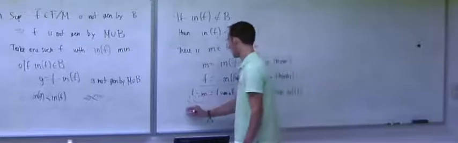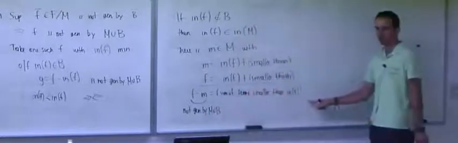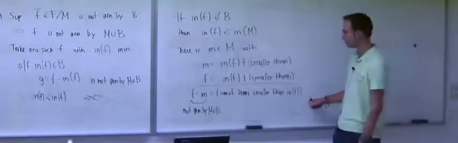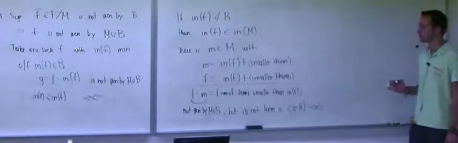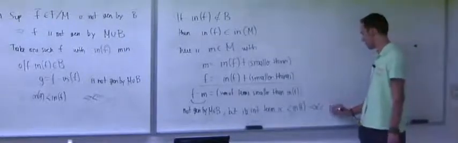So that means that this is not generated by M union B, but its initial term is smaller than the initial term of f. And so I get almost the same contradiction in a different way. So that's it. That finishes it.